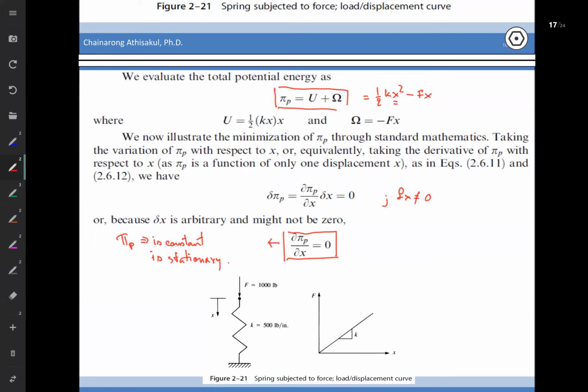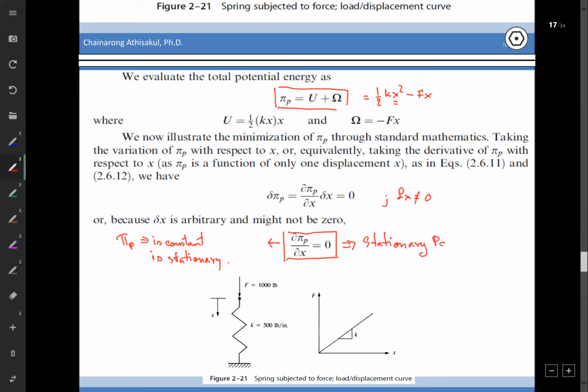So from this equation we may state that this is the stationary potential energy principle.